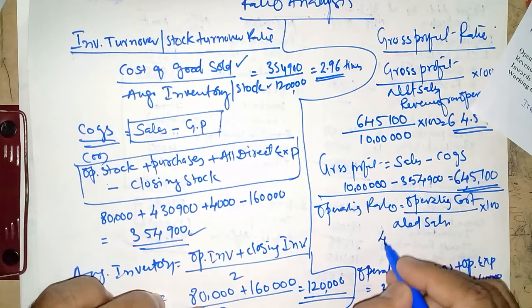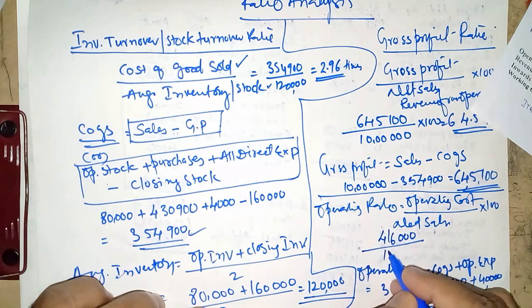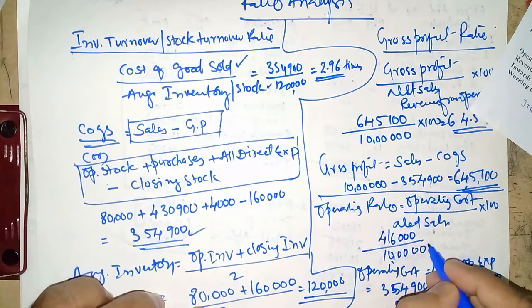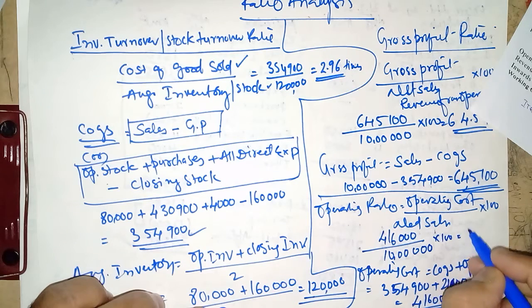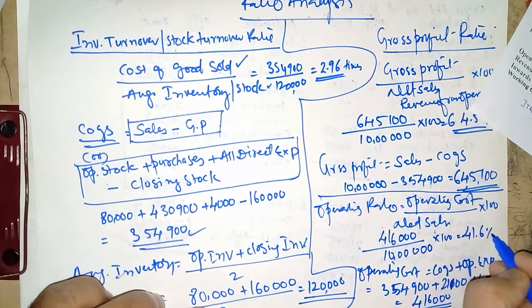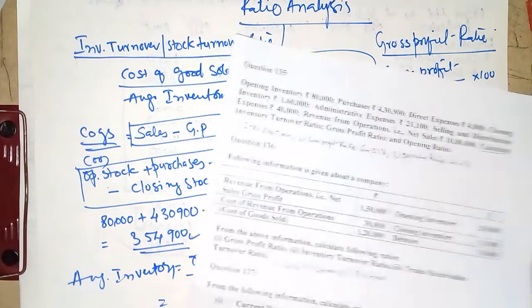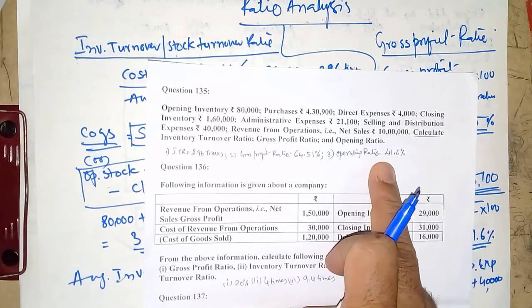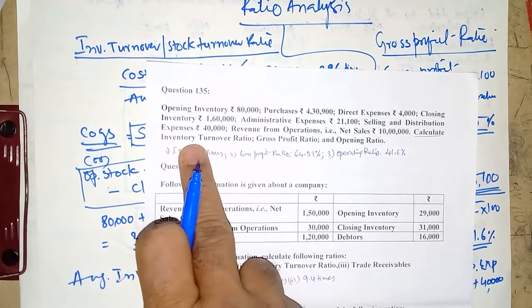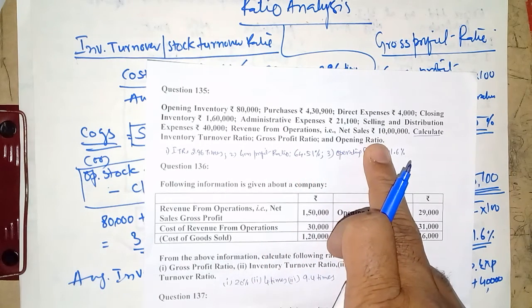So apply the formula: 4,16,000 divided by net sales of 10 lakhs, multiplied by 100, we'll get the answer in percentage, that is 41.6%. With this question we have calculated all the three items required: inventory turnover ratio, gross profit ratio, then operating ratio.